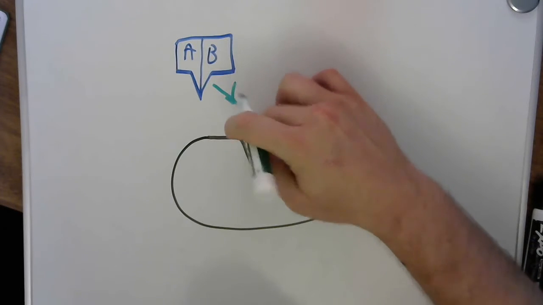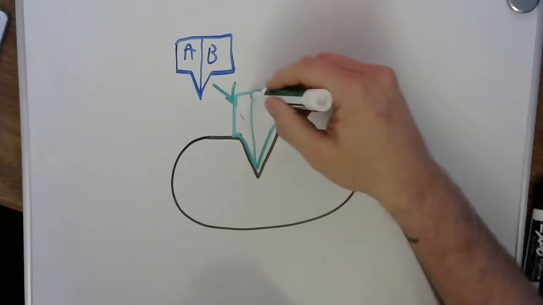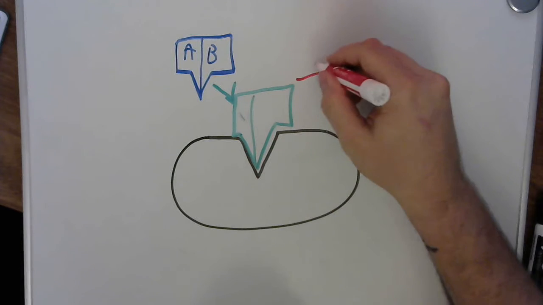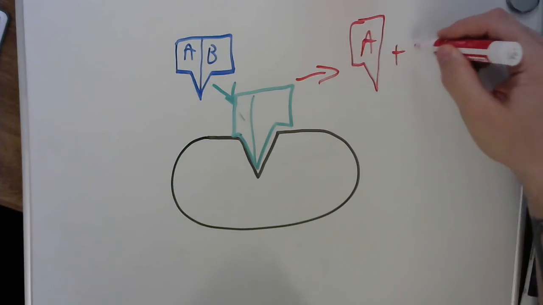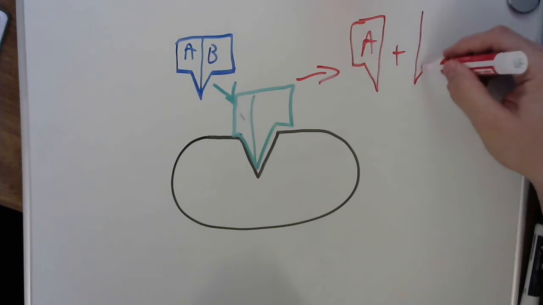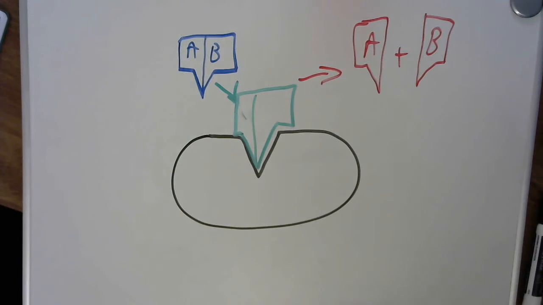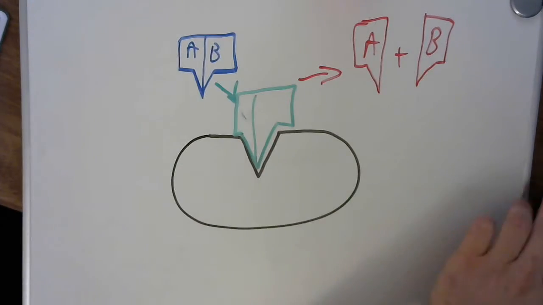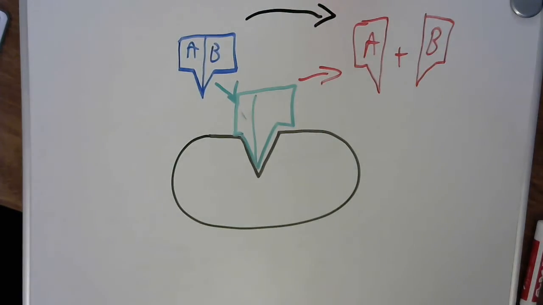So when you get your substrate nicely snugged in there, and you have to pardon my drawing skills, you will end up with A and B separated compared to initial. So the enzyme here allowed you to do this. This will take place naturally, but the rate will be extremely low, so the enzyme allowed you to facilitate that.